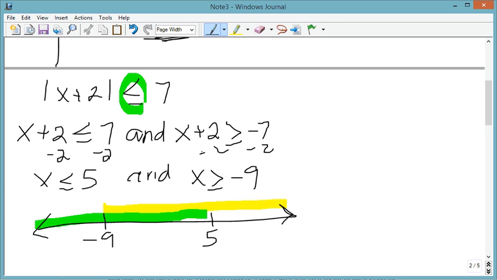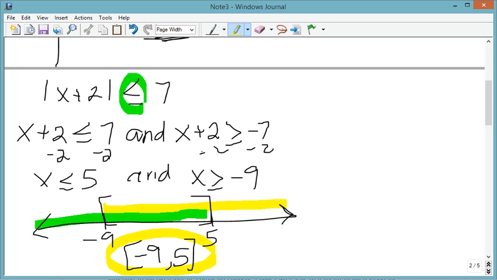Now, in these cases, it's an equal to, so I'm going to include the endpoints. I'm going to go from negative 9 to 5 inclusive. Okay, there's my answer. Every number in there will work in my inequality. We could pick, like, negative 8.